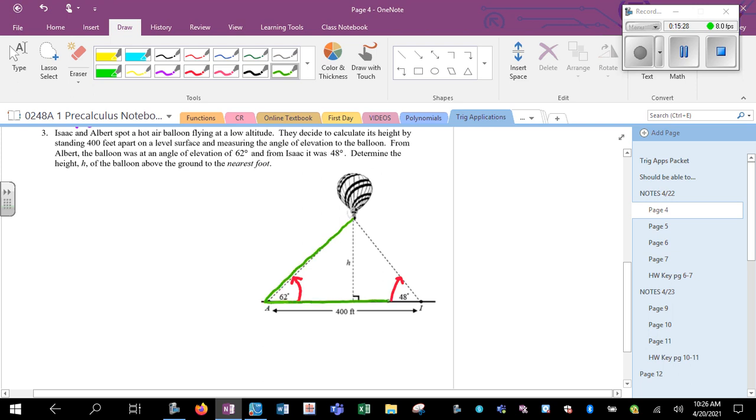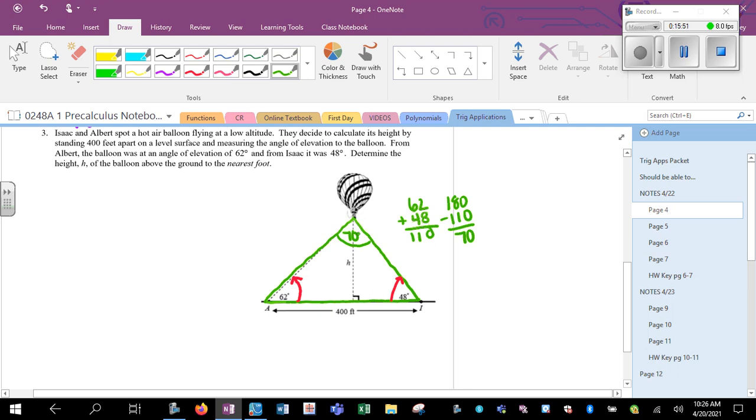Because if I use my entire triangle, I'm using the 400 as the distance in between, and I actually can find the angle at the top by knowing that all three angles have to add to be 180. So that gives me this angle as 70 degrees.